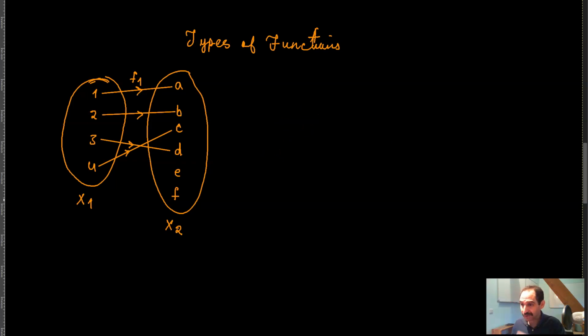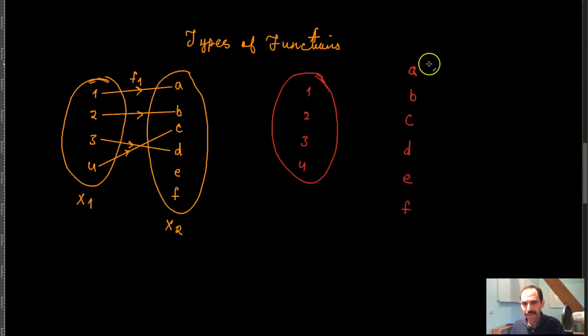Another type of situation that you could have is something like this. For example, you could have 1, 2, 3 and 4, and you have A, B, C, D, E and F, right?